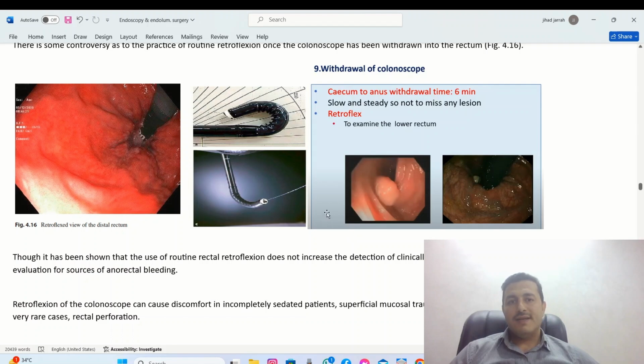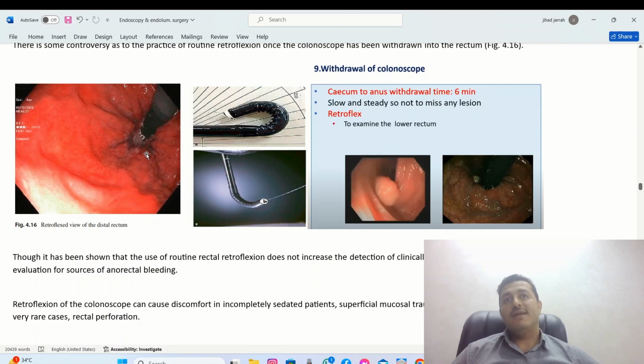You can see in the withdrawal of the colonoscope, we can use the retroflex, the bending of the colonoscope, to see the proximal tissue we already passed, especially in the rectum.